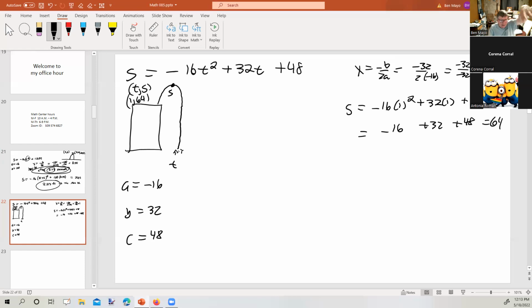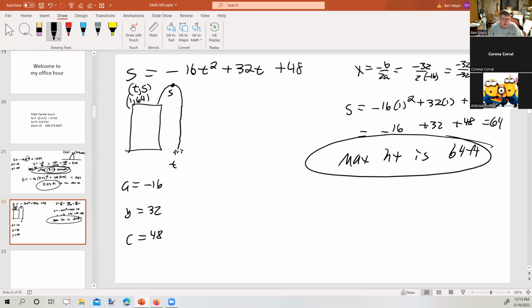So it takes 1 second to reach its maximum height, and that maximum height is 64 feet. But it says find the maximum height. So max height is 64 feet. Okay. But it doesn't ask how long does it take to reach that. It asks how long does it take for it to hit the ground.